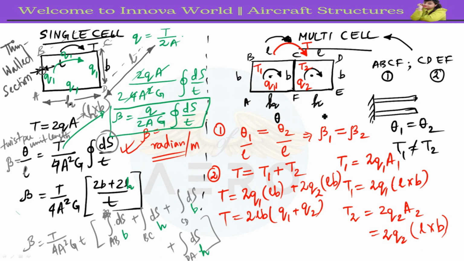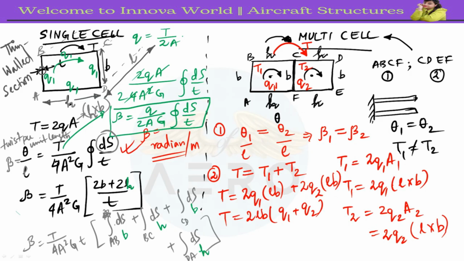So in this figure we have two cells. More than one defines a multi-cell. They are attached together. CF is a common wall that they share between the two cells. This is H, this is B, again H, B, H, B, H.